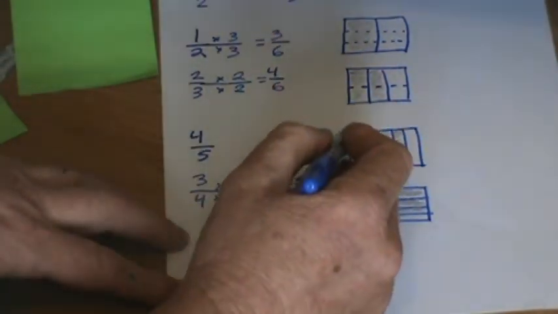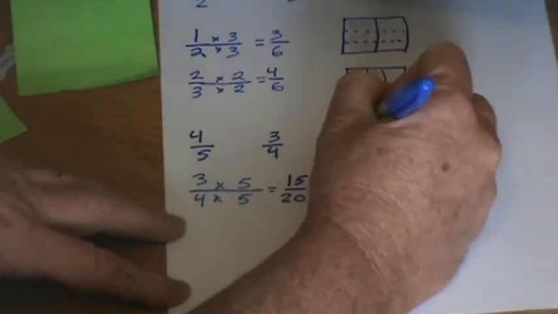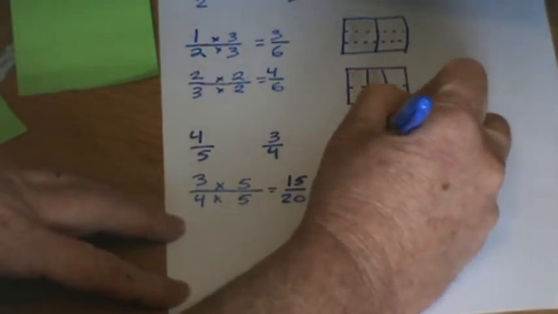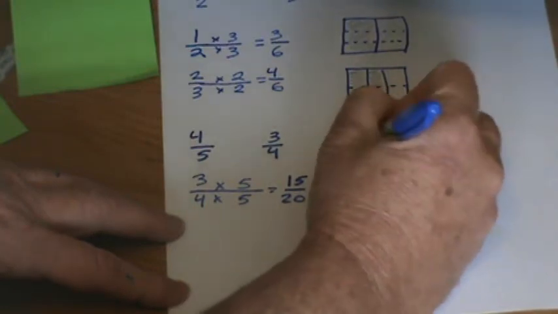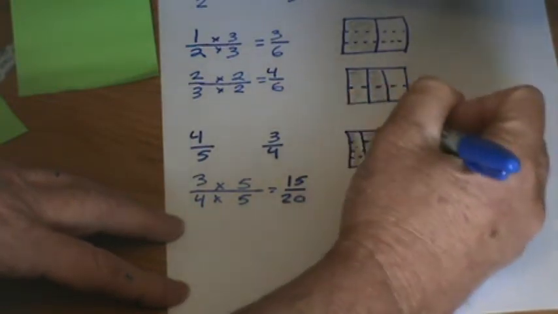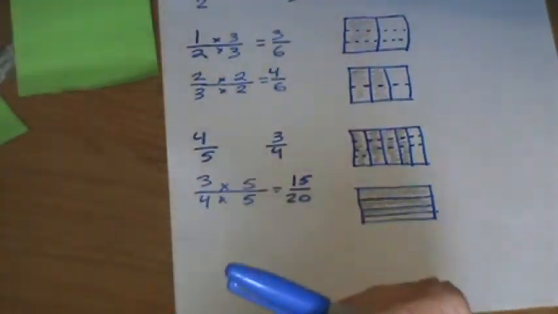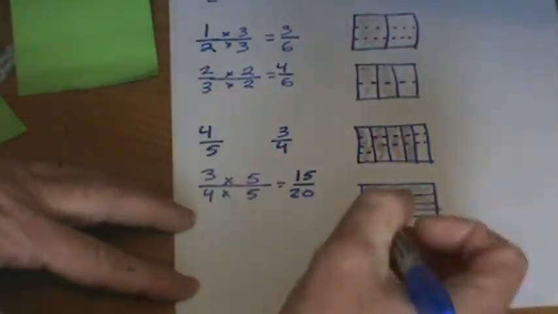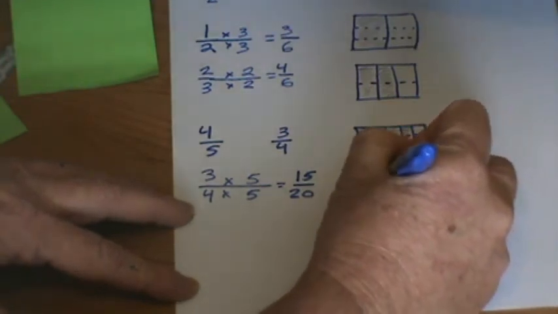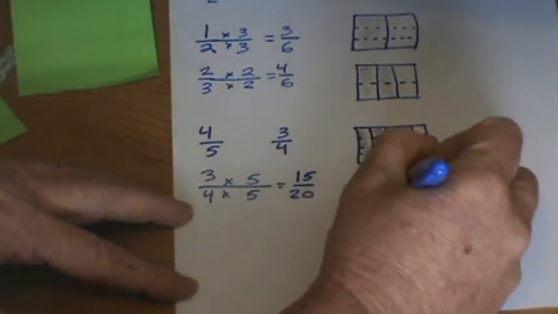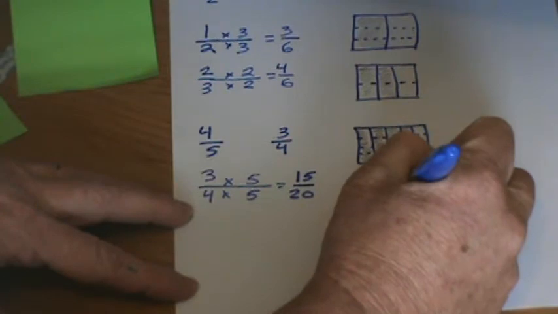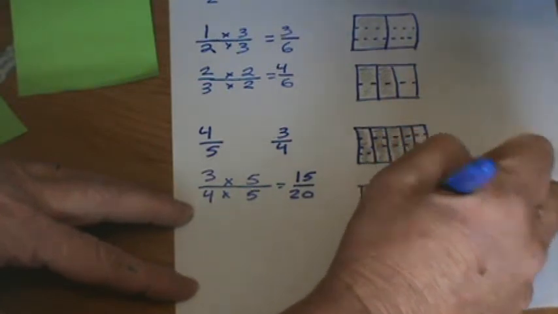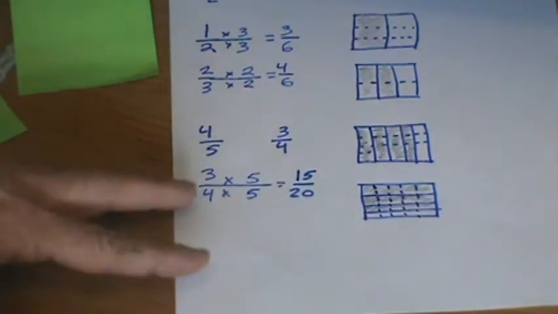Oops, I'm doing 3/4, not 4/5. Let's break this up into 20ths. 1, 2, 3, 4, and 5. So you get 5, 10, 15, 20ths.